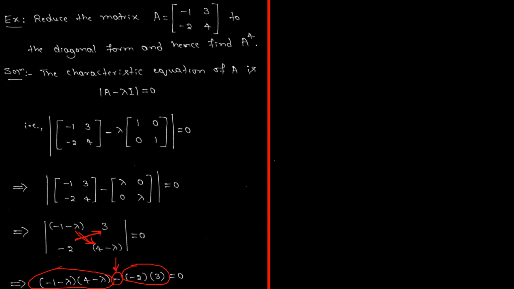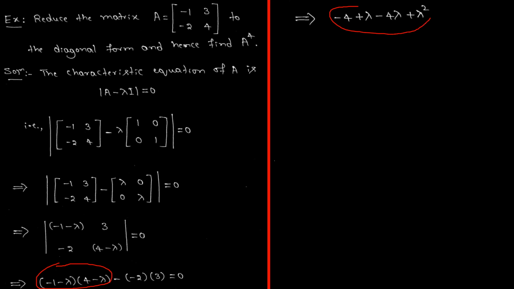Now let us further simplify this. If you take the product of these two, you are going to get this. Then we have minus into minus plus, 2 3s are 6. Plus 6 we have written here, which is equal to 0. Now if you rearrange the terms, we get a quadratic equation in terms of lambda.